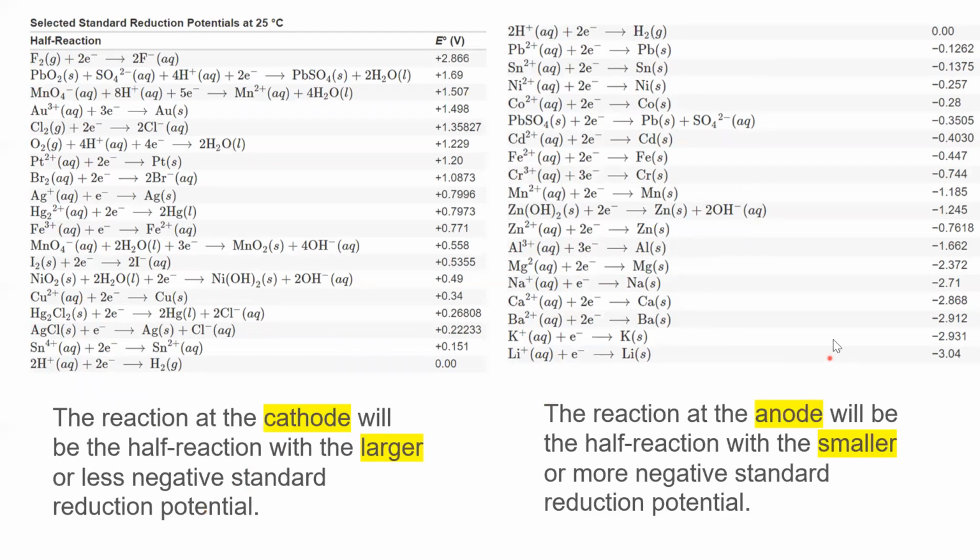In the anode compartment, that's where our oxidation half reaction takes place. And that will be the half reaction with the smaller or the more negative standard reduction potential value off the table.